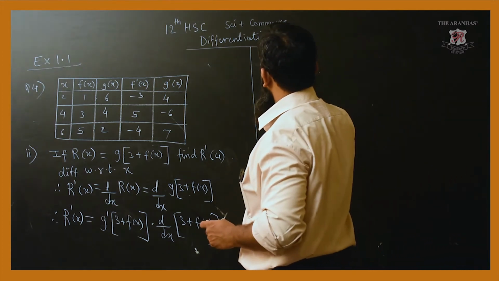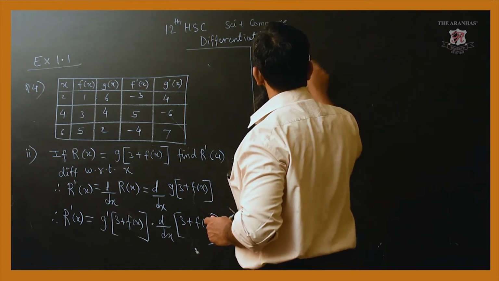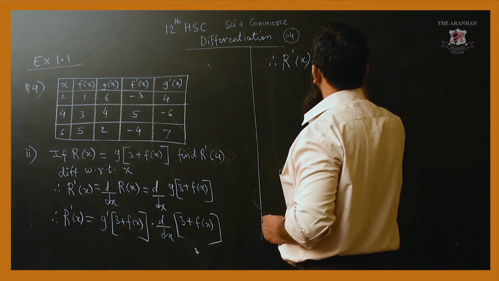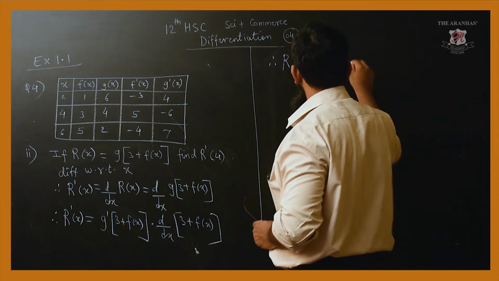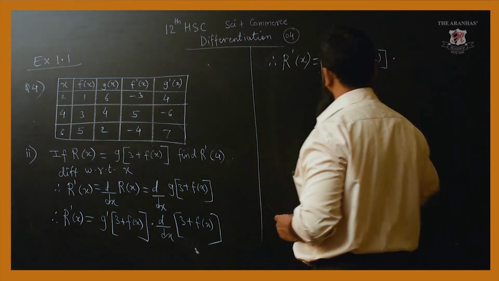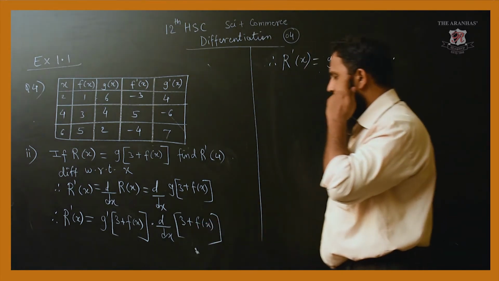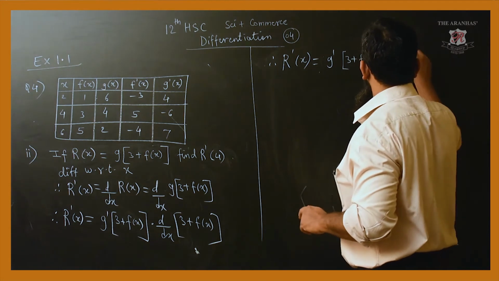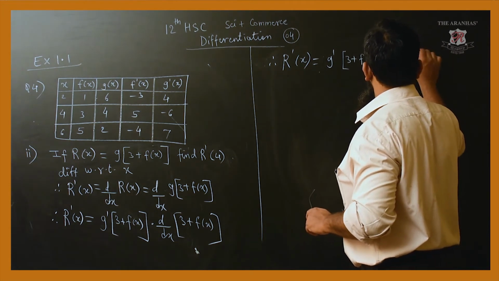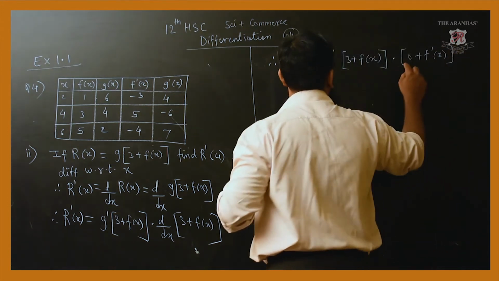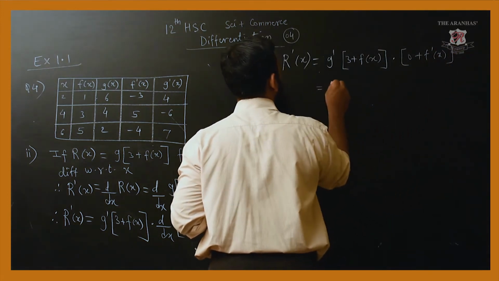So finally my r dash of x will look like g dash, which remains as it is, of 3 plus f of x, into the derivative of 3, which is 0, plus the derivative of f of x, which is simply f dash of x, and 0 plus f dash of x is f dash of x.